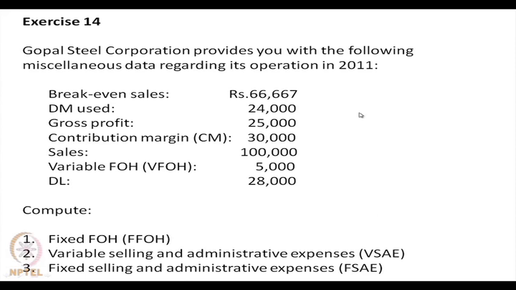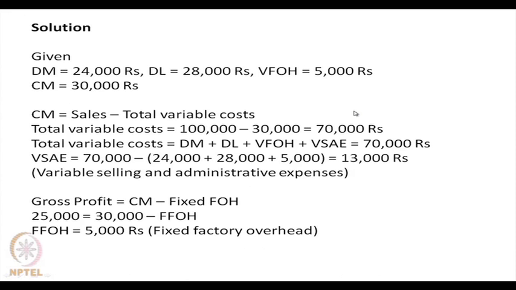Let us solve this problem. First of all, what are given are the following: direct material is given as 24,000, direct labor is given, variable factory overhead is given and contribution margin is given. Now, first contribution margin. What is contribution margin?